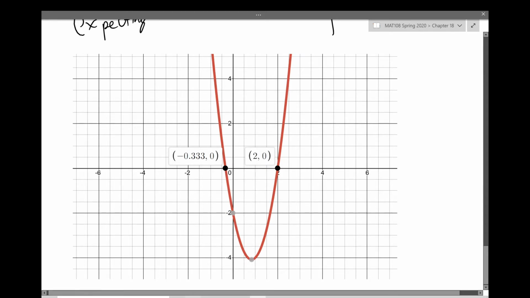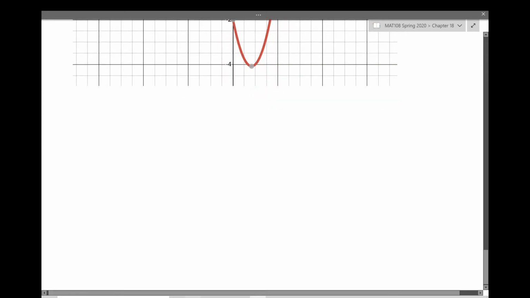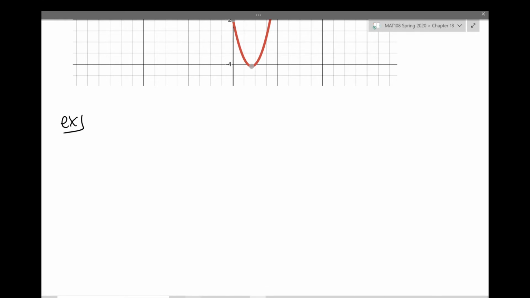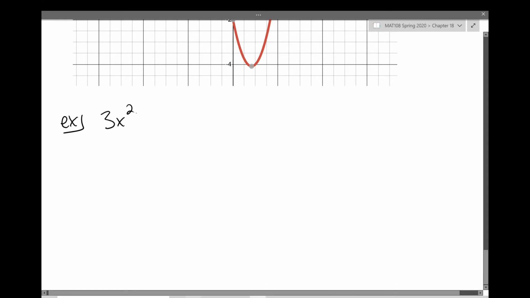All right. Now we are just going to start hammering out some problems. Let's look at one where the solutions aren't that nice. How about 3x squared minus 8x equals 2?